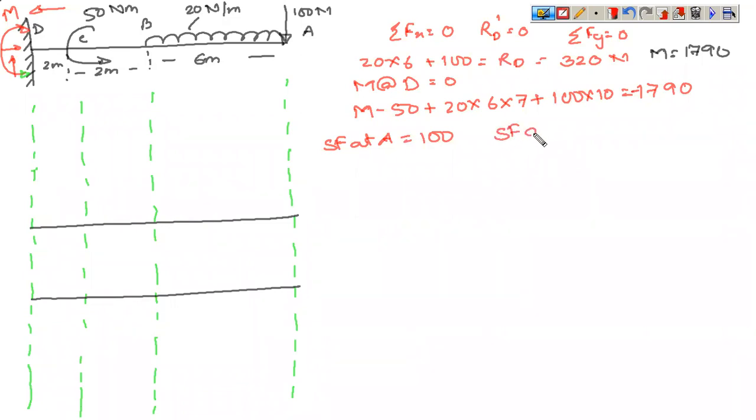Next is SF at B. Just before B you do not need to find out because there is no other load at B. So this is 100 plus 20 into 6. So this is 20 into 6, so this is 120 and this is 220. Next is SF at C. This will remain as 220 because this is a moment and these are force equations.